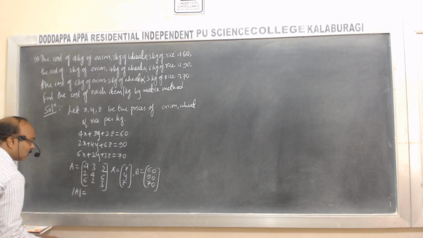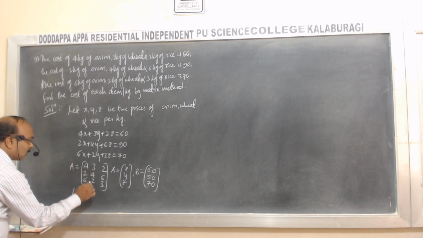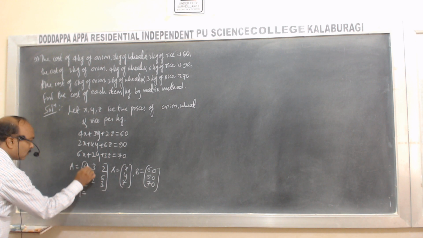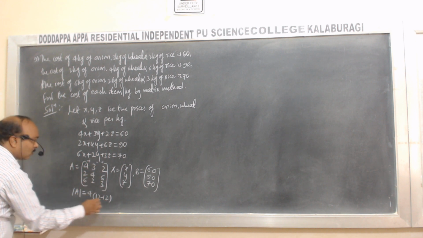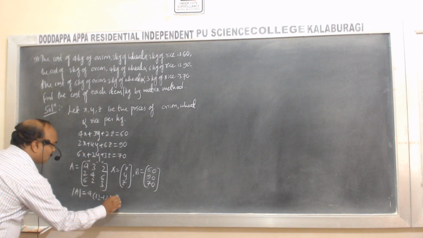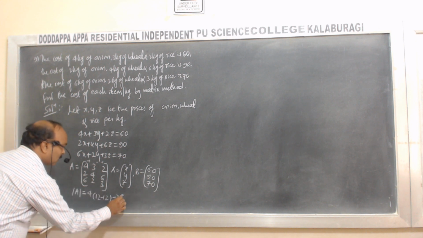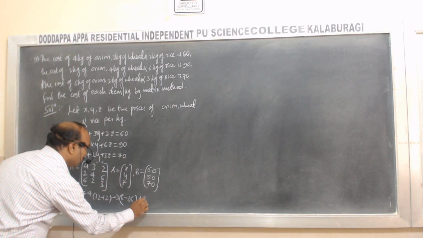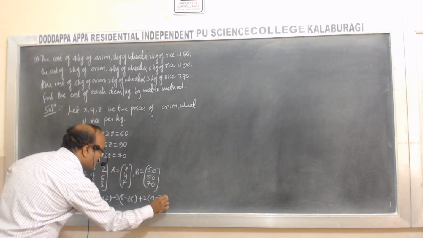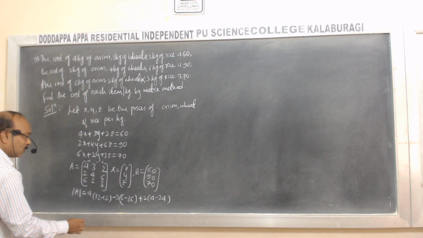Now it is given by plus minus plus, 4 into 12 minus 12, minus 3 into 6 minus 36, plus 2 into 4 minus 24.